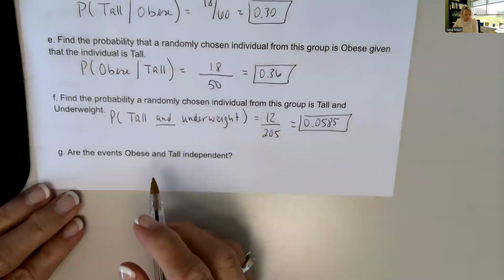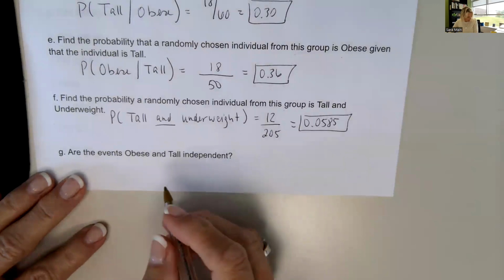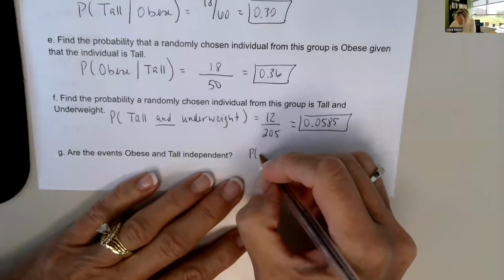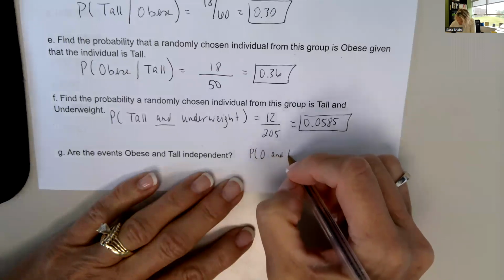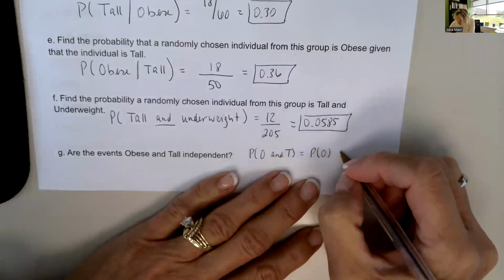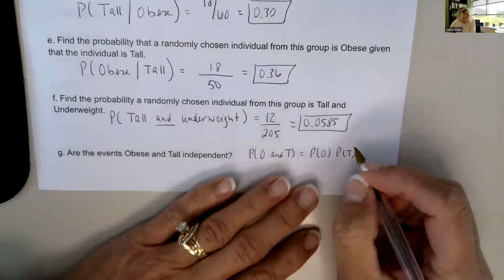And it says, are the events obese and tall independent? If they're independent, then obese and tall would equal the product of their individual probabilities.